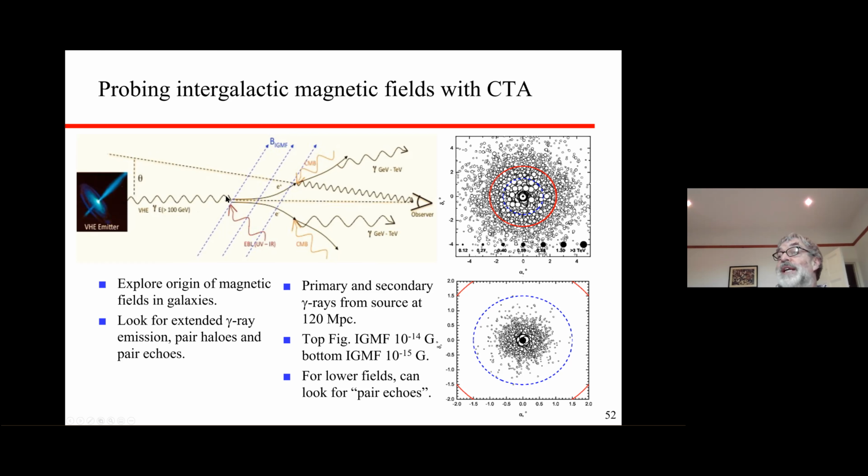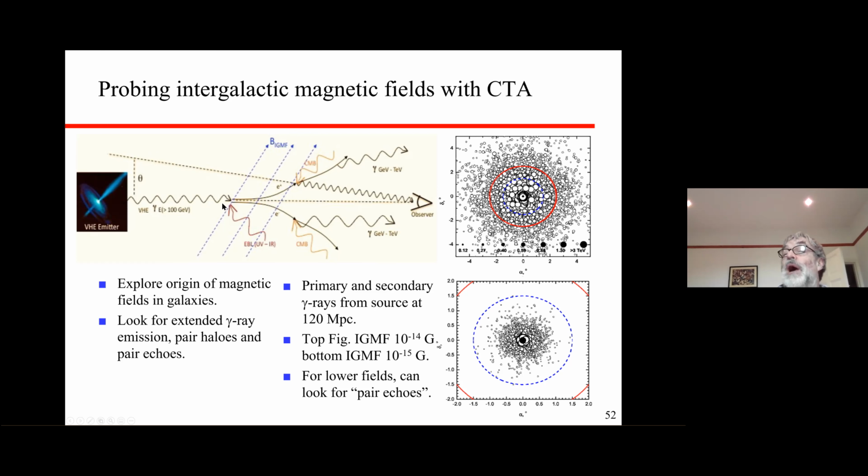As we said, it's interacting with the extragalactic background light or the cosmic microwave background, these stray photons, to produce an electron-positron pair. Now, if there are strong intergalactic magnetic fields, as we've said before, charged particles feel a force due to magnetic fields, and therefore they radiate more photons.